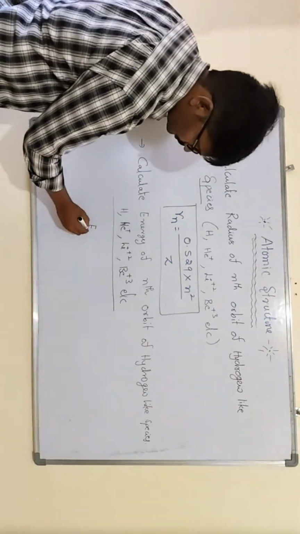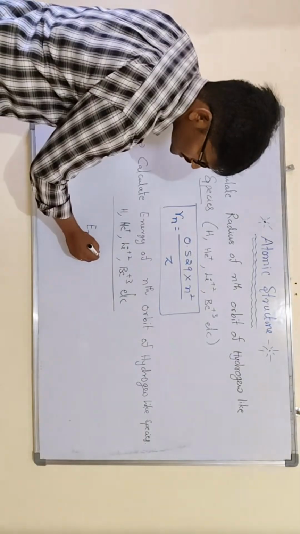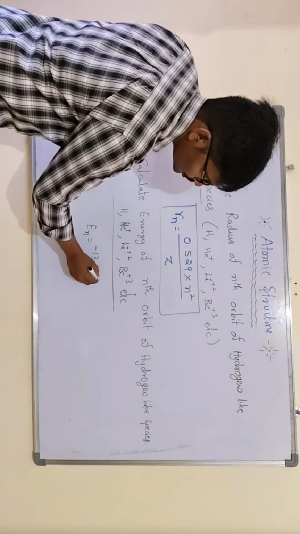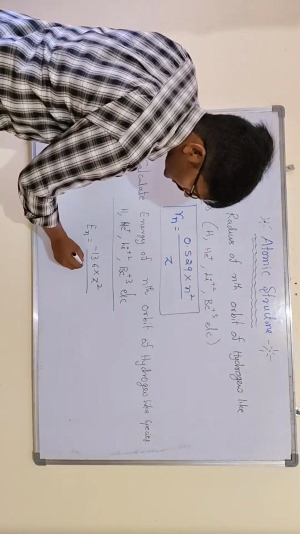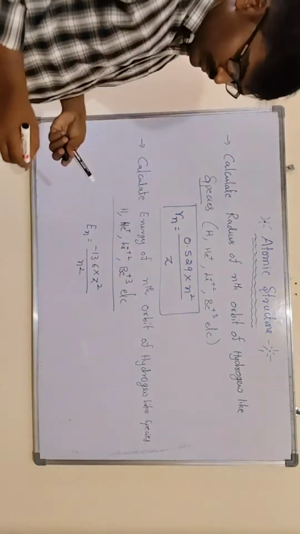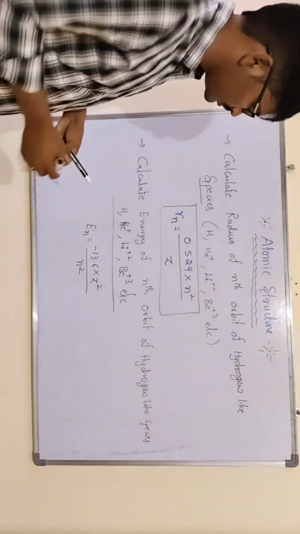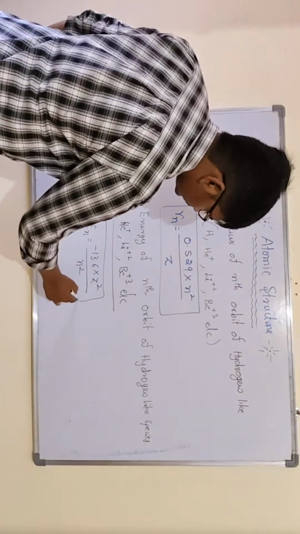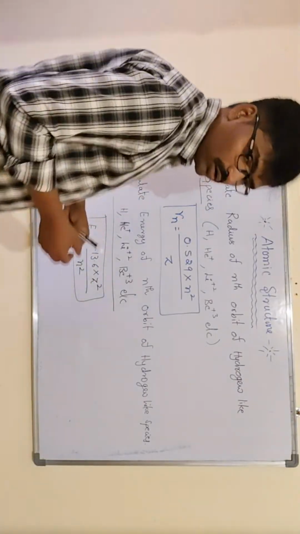Energy of the nth orbit equals minus 13.6 into Z square by n square. This is the formula. Yes, note down all these formulas.